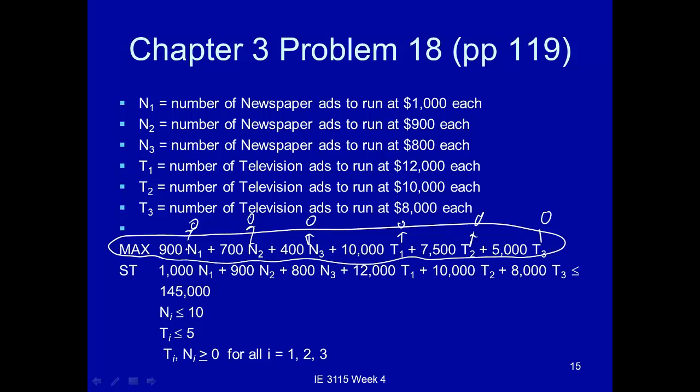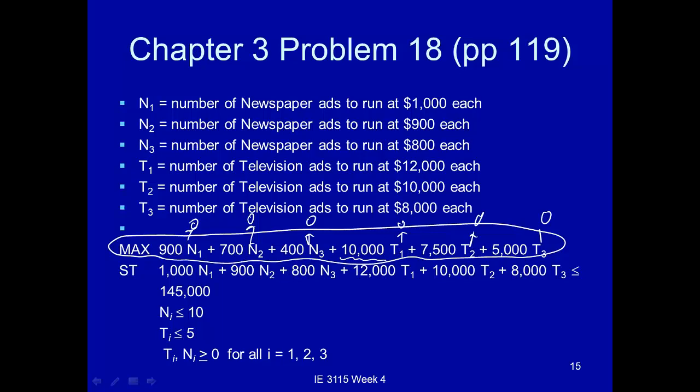When the solver tries to maximize, which of those values, N1, N2, N3, T1, T2, will it increase first? Maybe this one, because it has the highest coefficient. If you increase T1 by 1 unit, your objective function will increase by 10,000. And then it may go to this one or this one. But we also have those constraints.